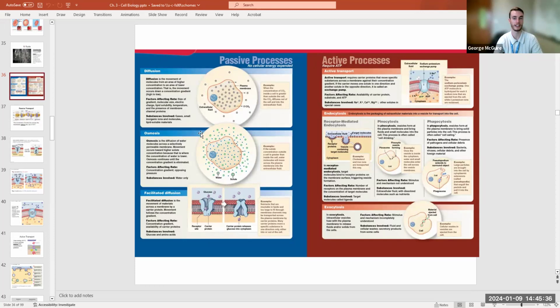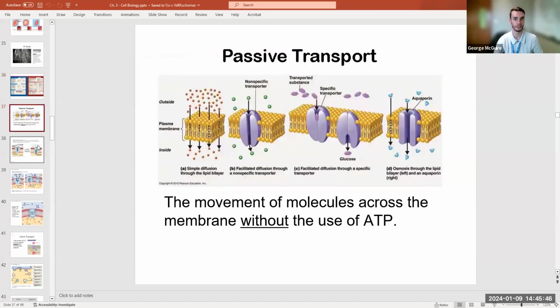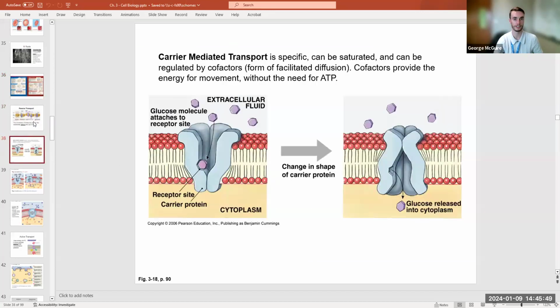These are naturally driven. And then we have our first example of a protein-mediated transport here, which is facilitated diffusion. Sorry, I'm kind of skipping around. So facilitated diffusion, like what we have exhibited here, is the movement of a molecule with its concentration gradient.